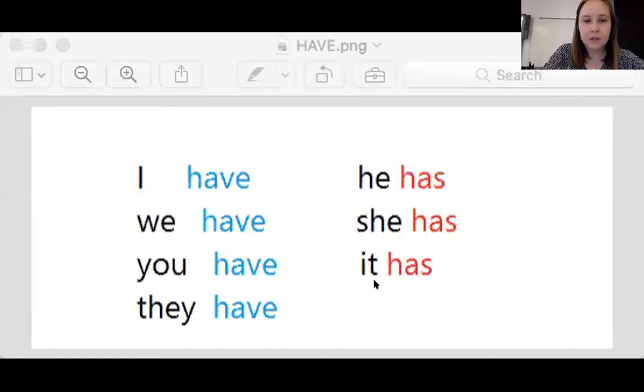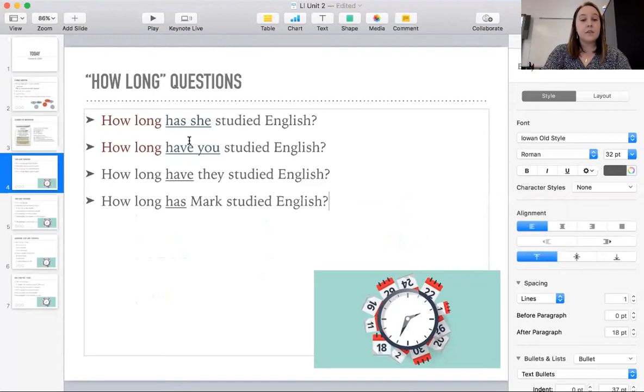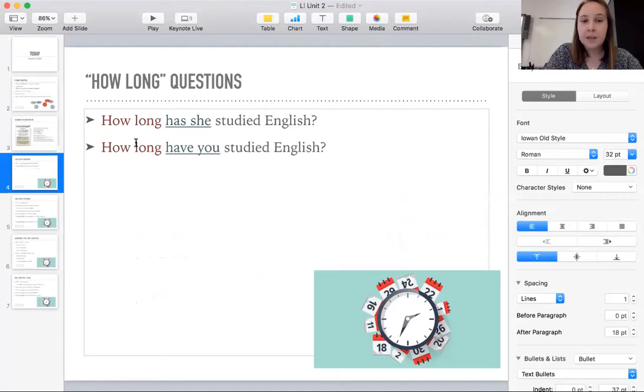Now, if we look at these sentences again, the subject of the sentence, whether it's about you or her or him or we, it only changes the have in the sentence. It only changes that helping verb. So have here is a helping verb.